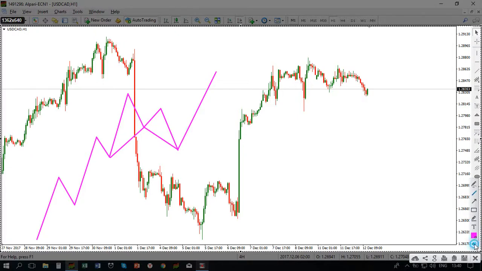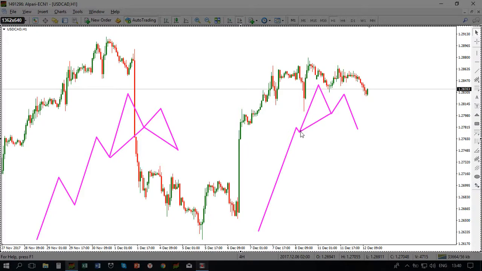This is absolutely false. First of all, many of you just start drawing it from the wrong place. This is not a good place to start drawing your X point. This is the first thing. The majority of you draw the Gartleys from here, like this. So this is the wrong place.